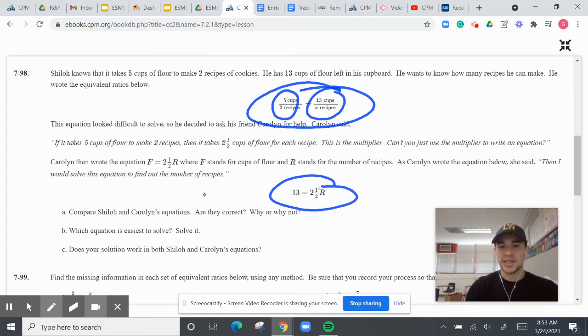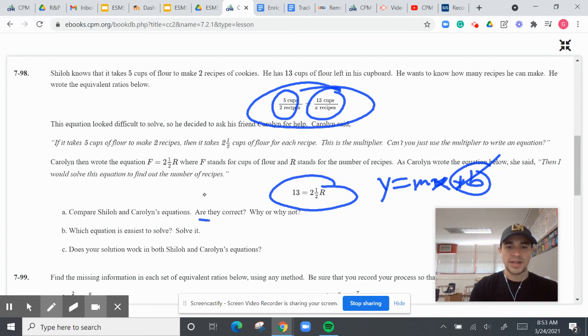And if that's too much to handle, you can always use y equals mx plus b, but there's no starting point in this situation. So are they correct? Yes. Why are they correct? Well, they're correct because they both represent finding recipes. They both represent solving for the missing variable.